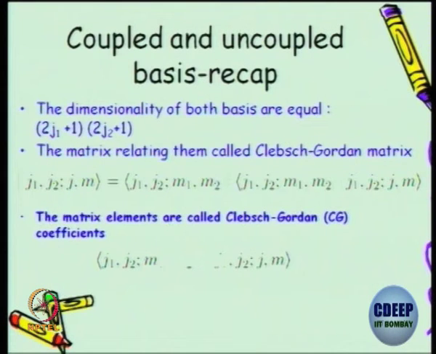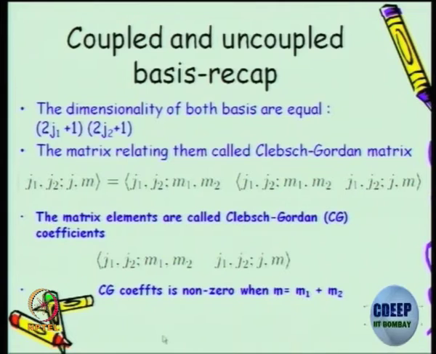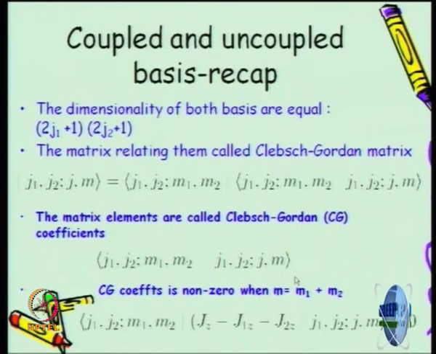So the matrix elements are the CG coefficients, which is formally given, and this also we checked in the last lecture. The coefficient is non-zero only when the sum of the magnetic quantum numbers of the uncoupled basis adds up to be the magnetic quantum number of the coupled basis, and this also I said you can work out by taking the total angular momentum minus the individual z component angular momentum.